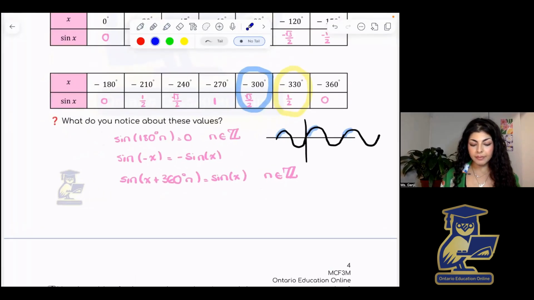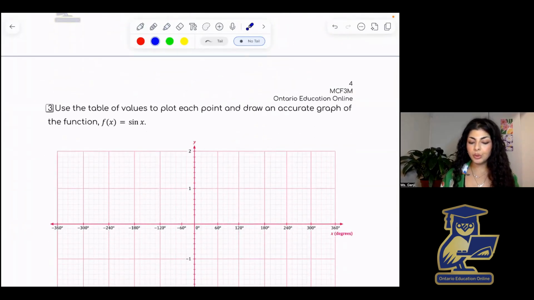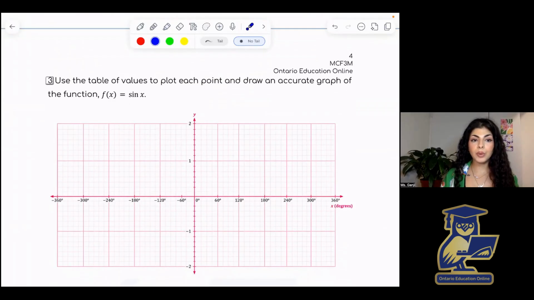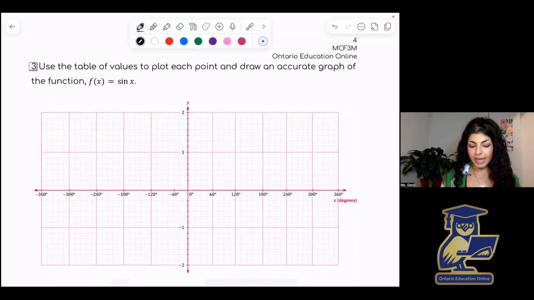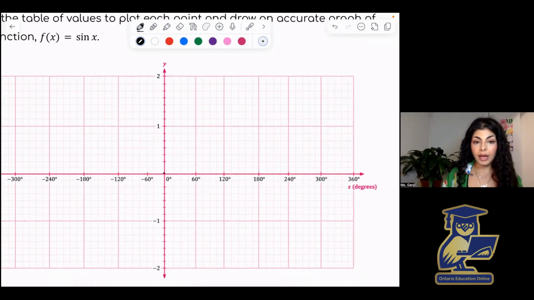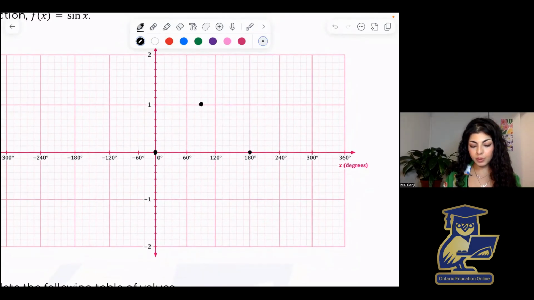Use the table of values above to plot the points and try to graph our function. Now, for this first part, it is going to be a little bit redundant. I do want you to graph as many points as you can, but later on, you only will need 5 key points, and that will be your first point here, your maximum point, which will occur at 90 degrees, and your 180 degrees, which is halfway through your period.